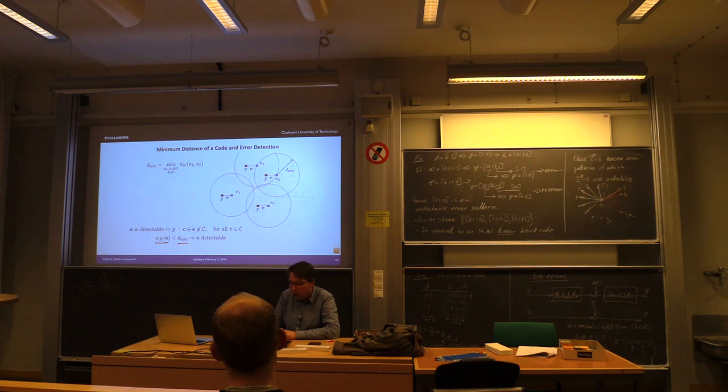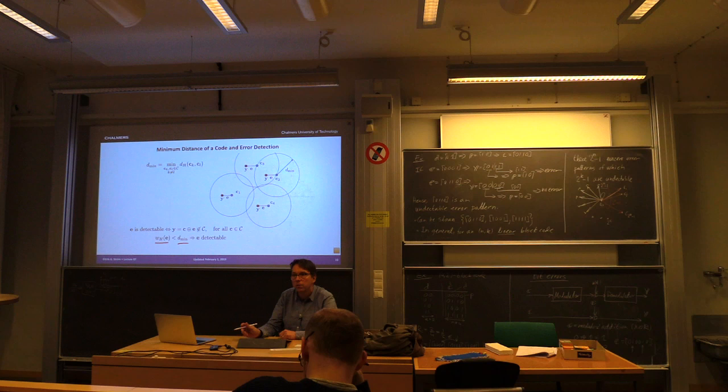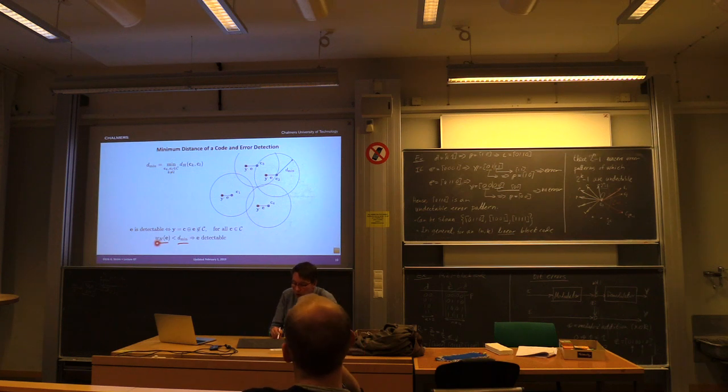And if we cannot go outside the corresponding sphere, we can never reach another code word. There is a strict inequality here, meaning that the number of bit errors is such that we are just inside the sphere. So all error patterns which have a weight less than the minimum distance are detectable.